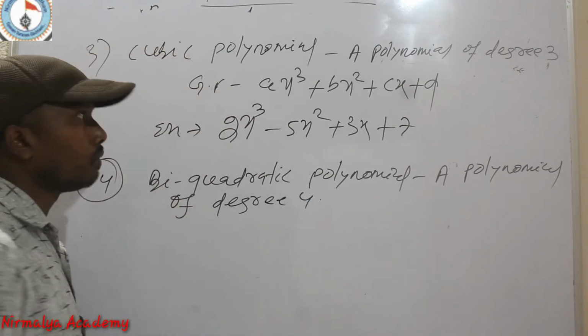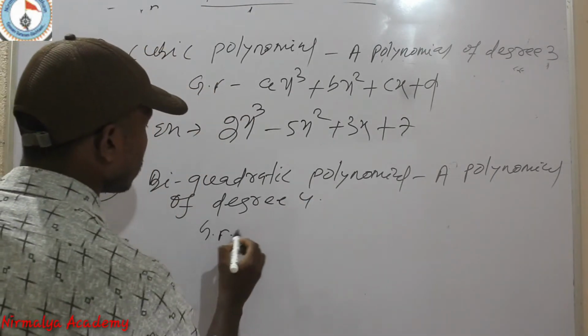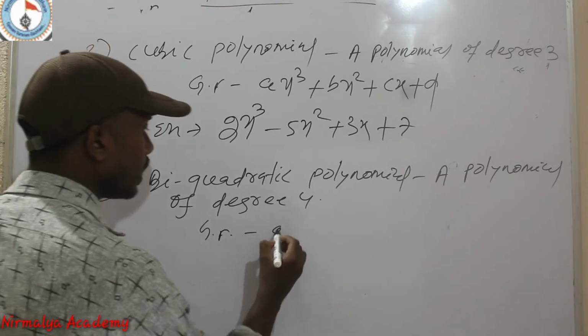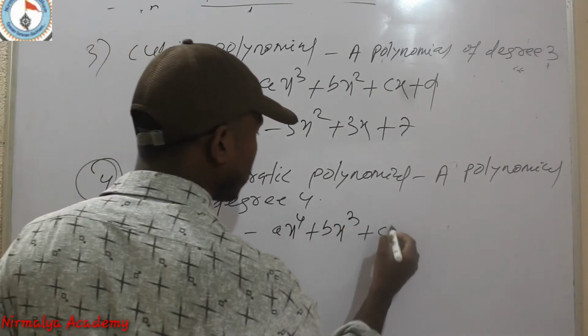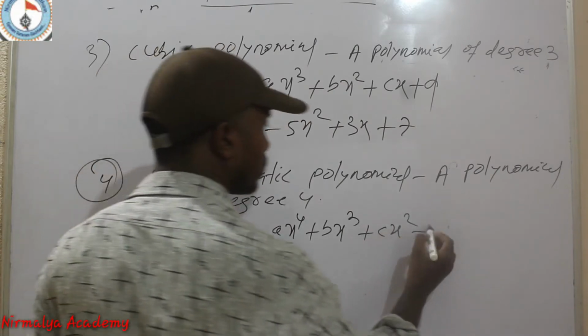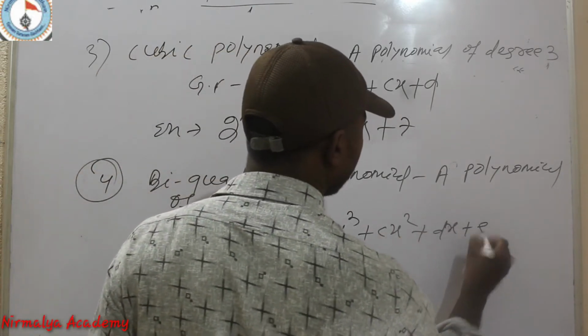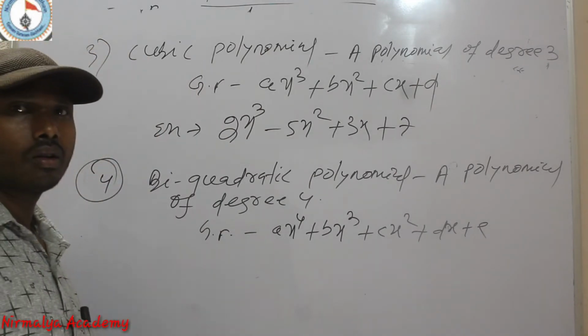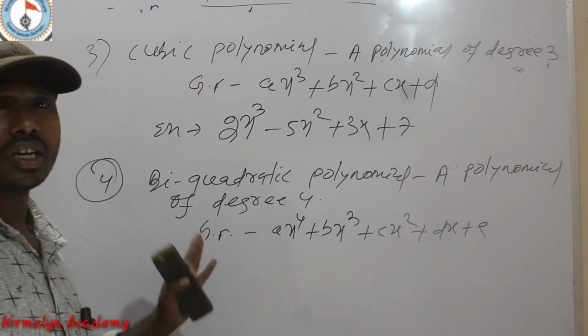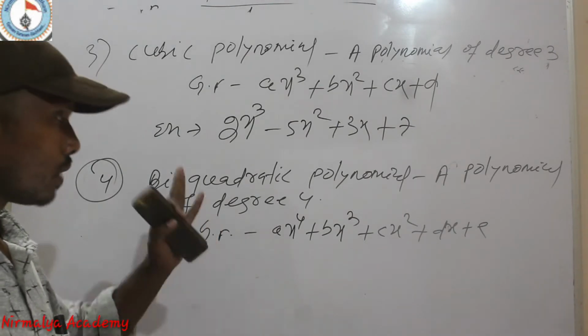And its general form is ax to the power 4 plus bx cube plus cx square plus dx plus e. This is the general form of biquadratic polynomial.